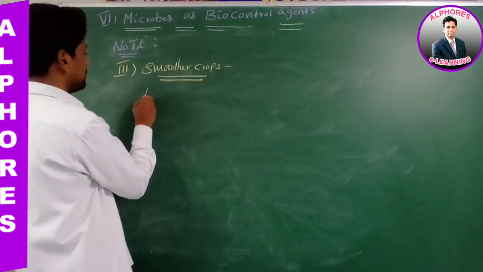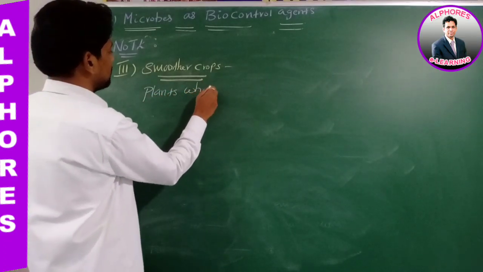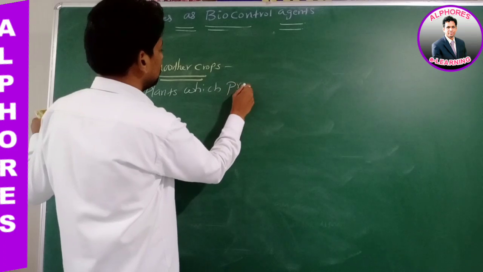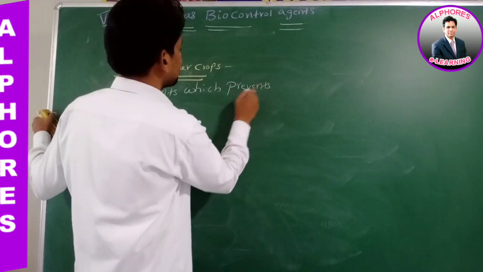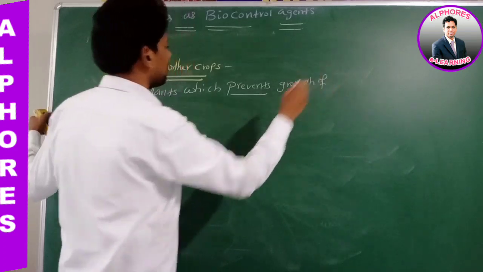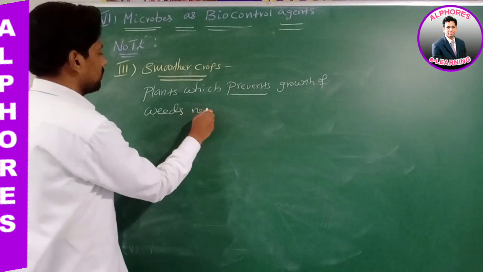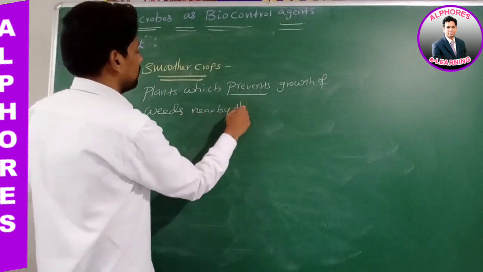Therefore, smother crops are plants which prevent growth of weeds nearby them.